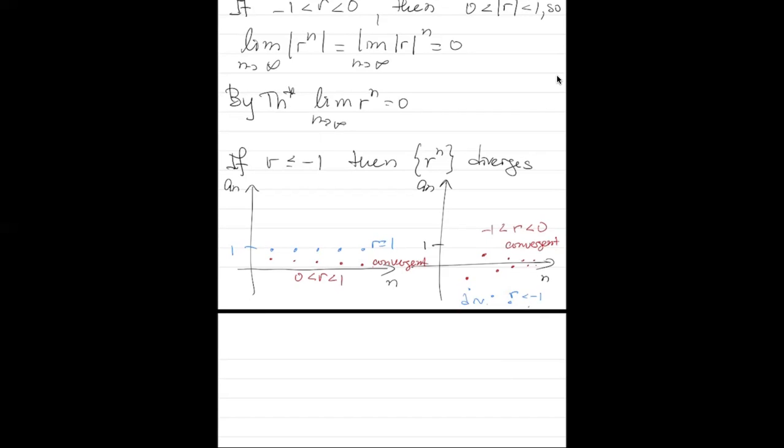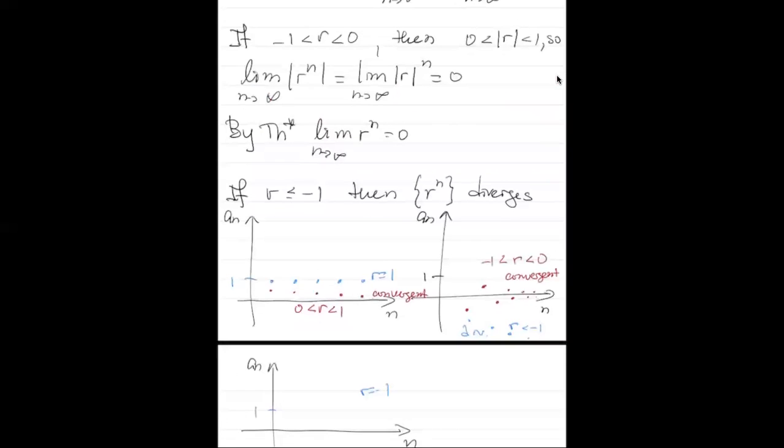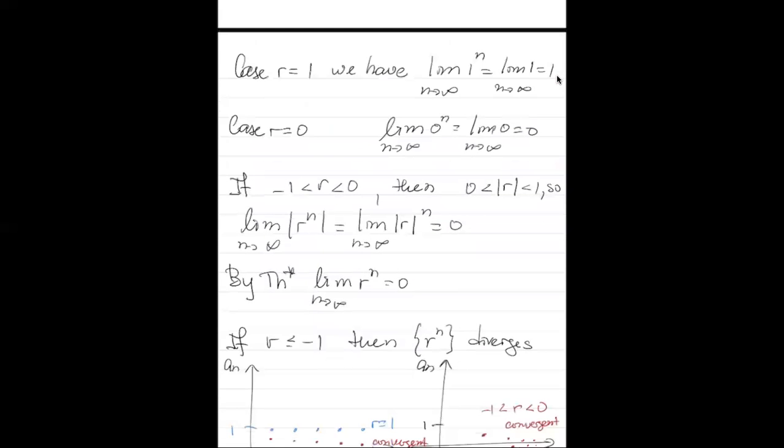And one more picture. n, a sub n, and this is when r equals 1. I'm sorry, this is the case when r equals -1. If r equals -1, our sequence becomes -1 to the nth power. So it will oscillate. First will be negative, and then will be positive, and then negative again and positive.